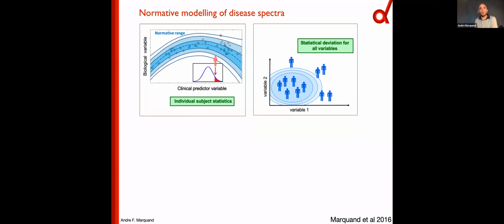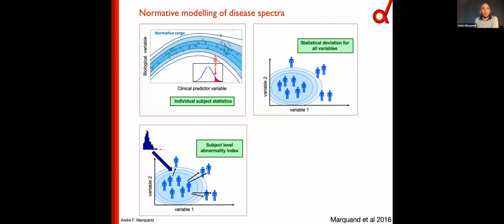Now, if we do this across a number of different mappings, describing, for example, different brain systems, different cognitive variables, etc., we can build up some kind of normative space that provides a reference distribution for a population of our choice, and we can get a deviation in each of these measures for each of the mappings that we estimate.